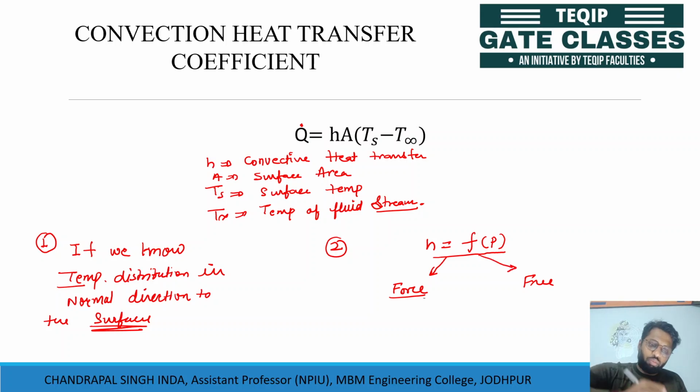So in both cases these parameters are different. If we know these parameters, we can find the value of the convective heat transfer coefficient. So today we will discuss the first approach, in which we know the temperature distribution in the normal direction to the surface.